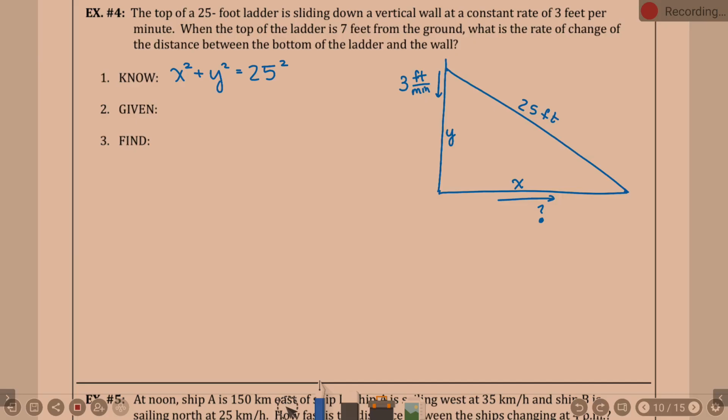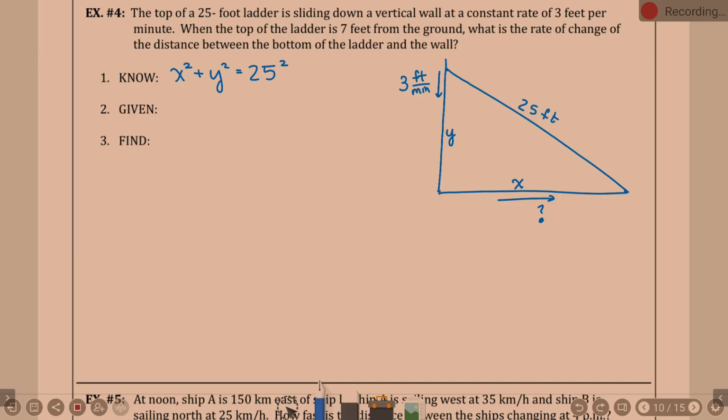Now, what's given here? What is this 3 feet per minute that's given? It's a velocity. It's a change in what side? It's a change in the side that I labeled as, oh wait, I labeled mine as y.